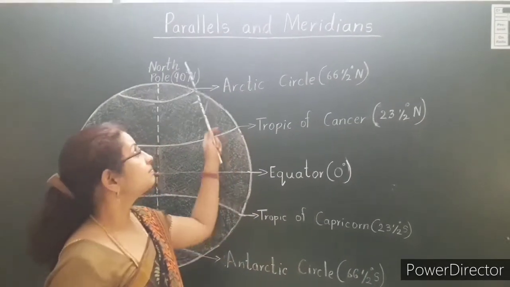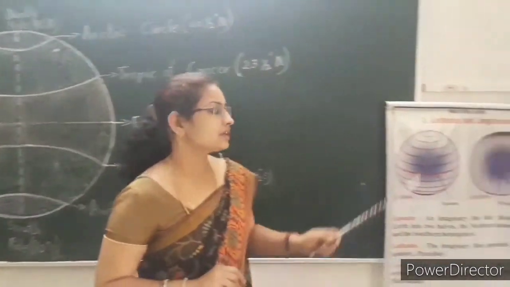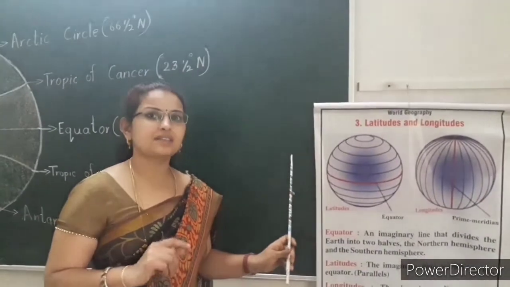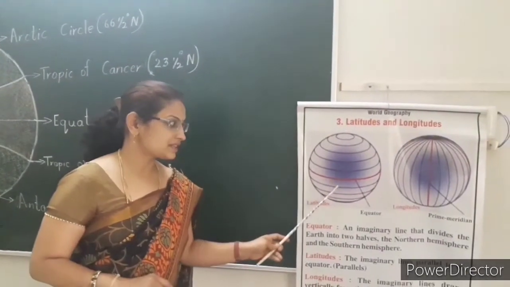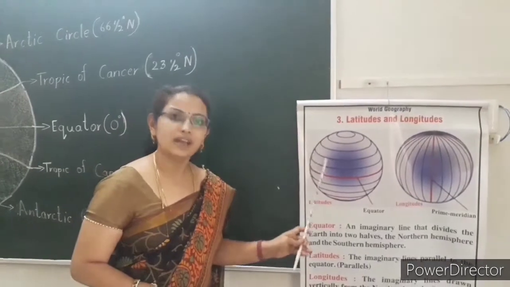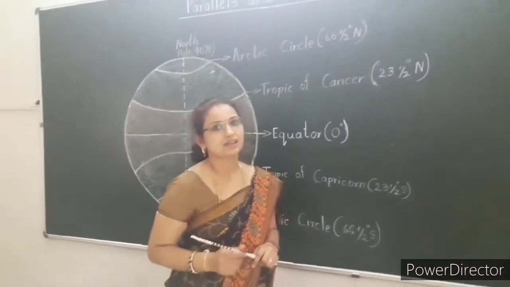First we learn parallels. A set of circles drawn on the surface of the globe. These lines run from east to west. These lines are called parallels, or lines of latitude. Totally 181 parallels are there.